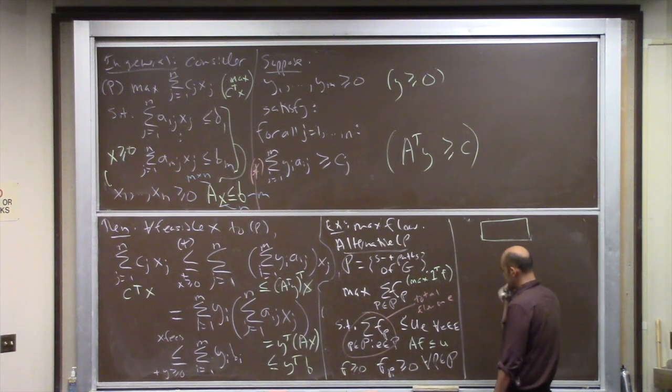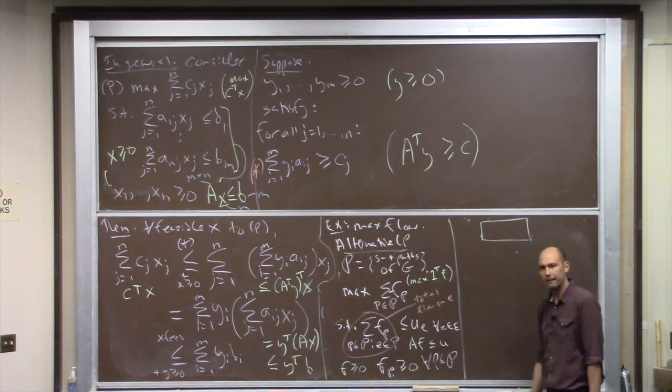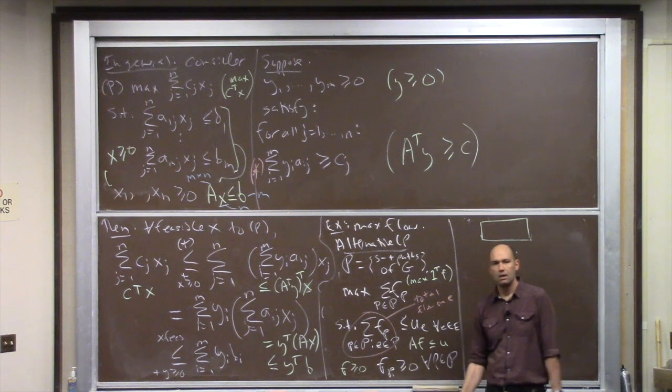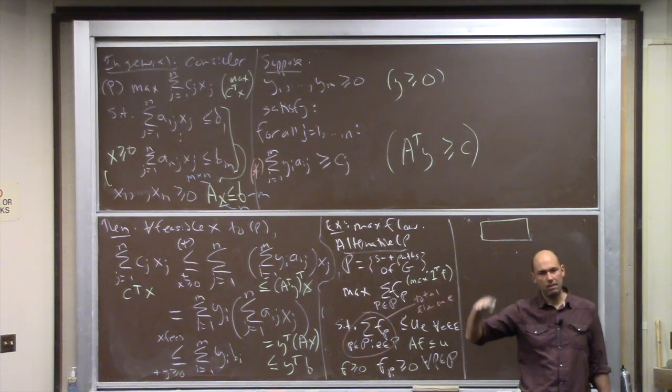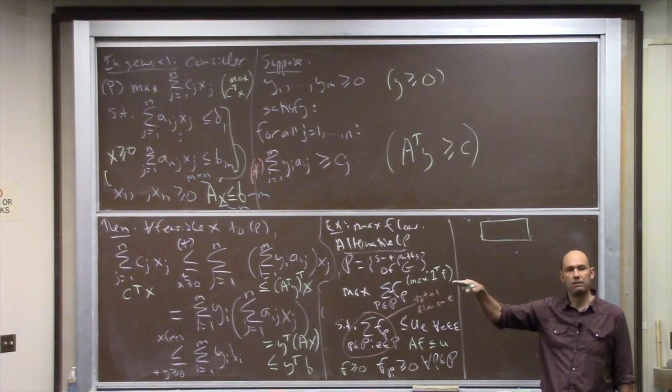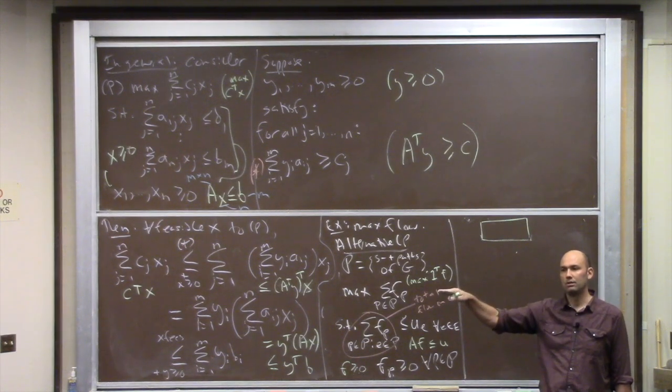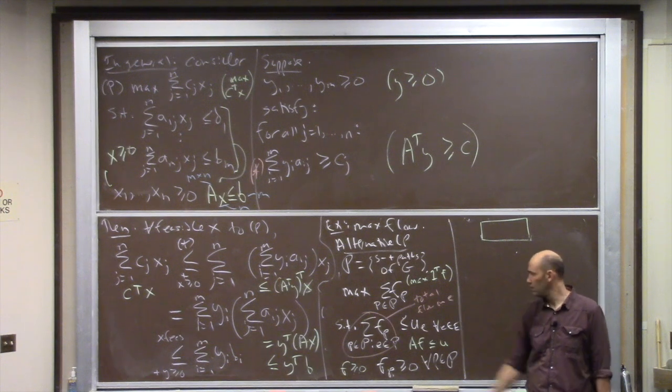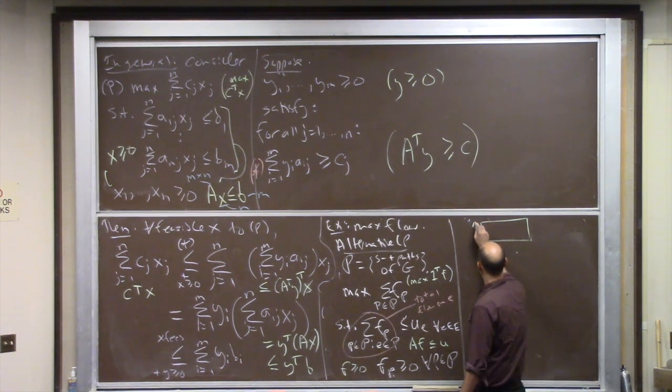So what is this matrix capital A? Okay, the constraint matrix here. So what do the rows correspond to? Remember, rows correspond to constraints. So we have 1 row per what? Per edge. We have these capacity constraints, 1 per edge. So the rows here are indexed by edges.